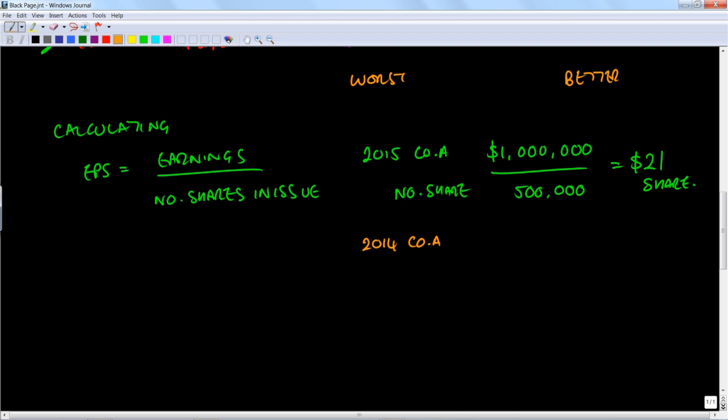Okay, so let's say the previous year this organization had $2 million, and the number of shares that were in issue were still 500,000. Okay, in that instance, we can see that last year EPS was $4 per share. This year EPS is $2 per share. Okay, so there's been a downward movement in EPS.